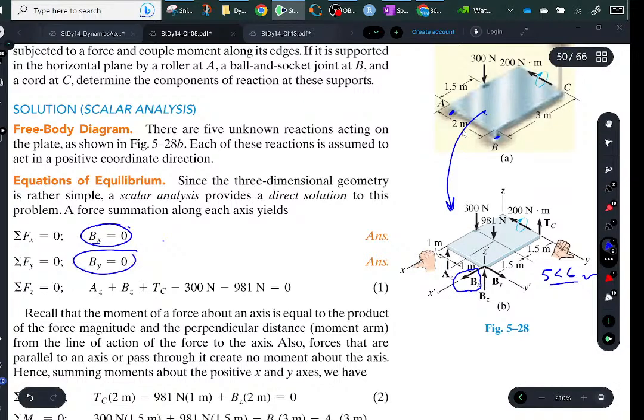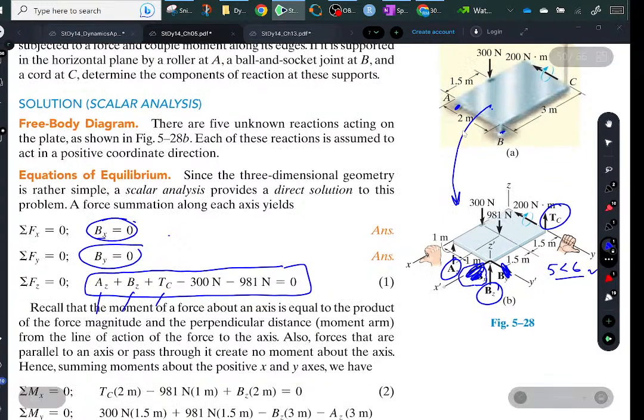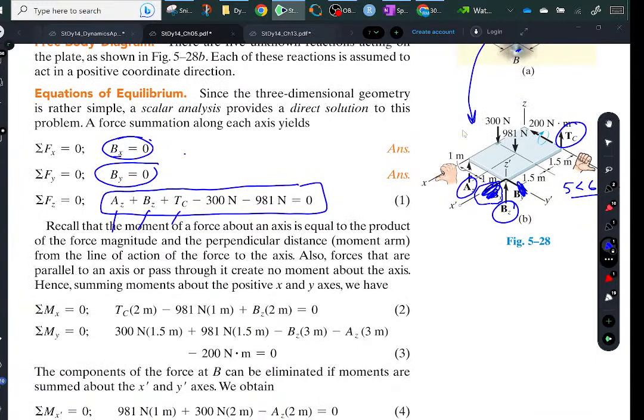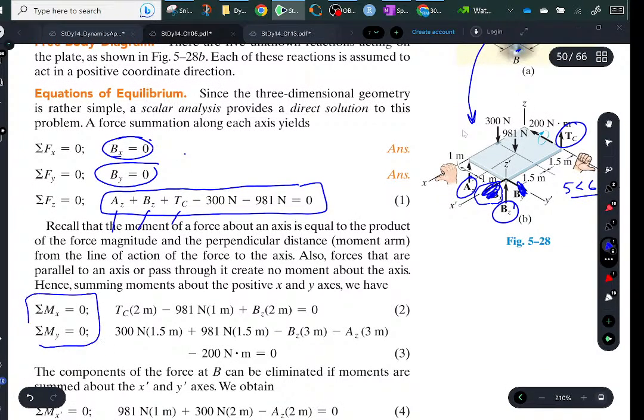Now, you think about it. So I've got rid of the X, got rid of the Y. Now I've got 1, 2, 3 left. And so I've got one equation here in which basically the 3 of them end up in. So that's not enough. So now I'm going off into the moments.